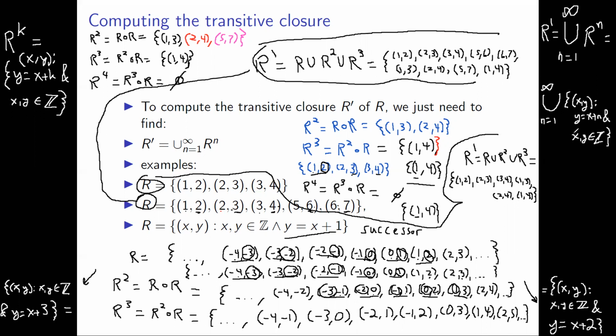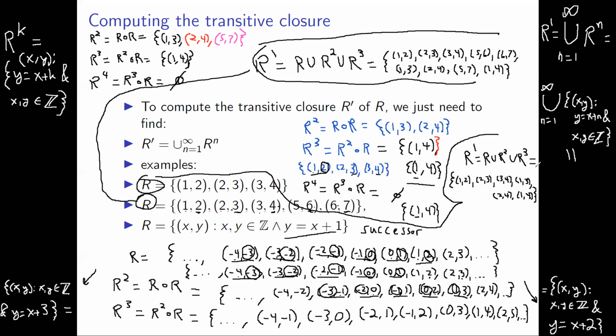If we know that x and y are integers, and y can equal x plus any positive integer, then another way to say that is that x and y are integers, and x is less than y. So we can write this in a much simpler way.